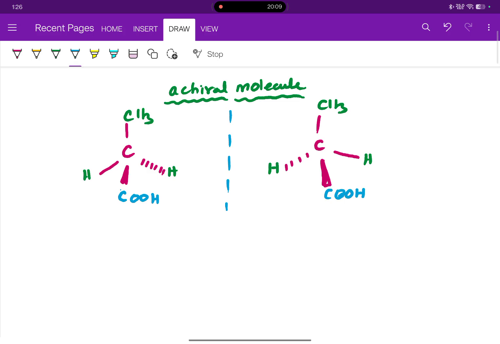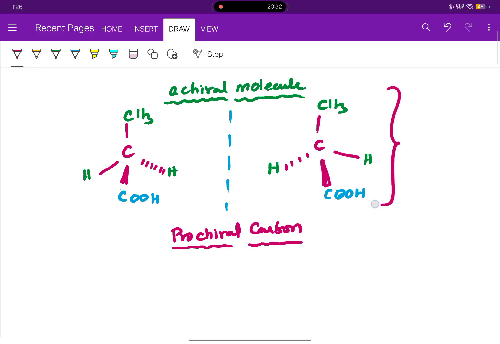So this kind of carbon is achiral. Not only is this carbon called achiral carbon, it is also called a prochiral carbon. I'm telling you because you are an entrance-preparing student, otherwise I would not say. So what is a prochiral carbon? By changing one of the groups, it becomes asymmetric.